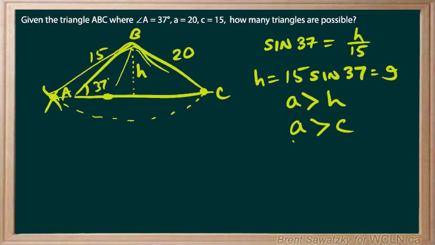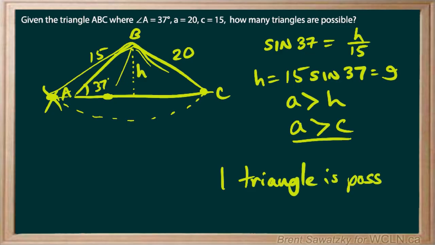If it is so big that swinging it around would bring it outside of that triangle, and our given angle 37 degrees would no longer be applicable, then we're back to a situation where we would say if A is greater than C, then only one triangle is possible. And that would be our answer.